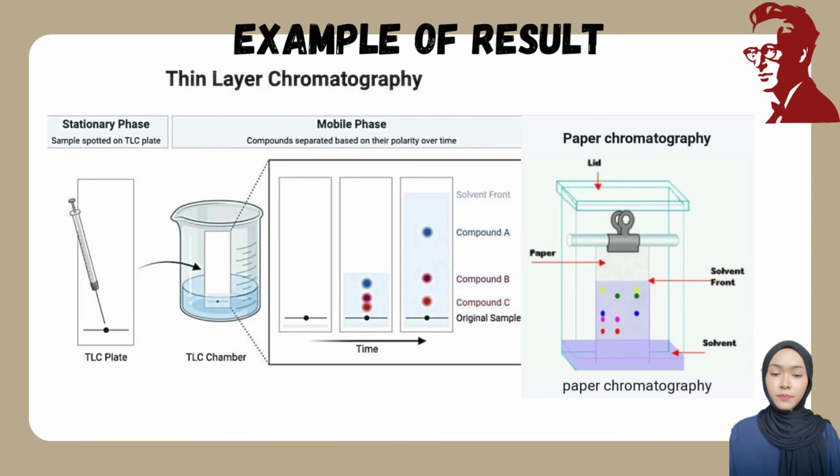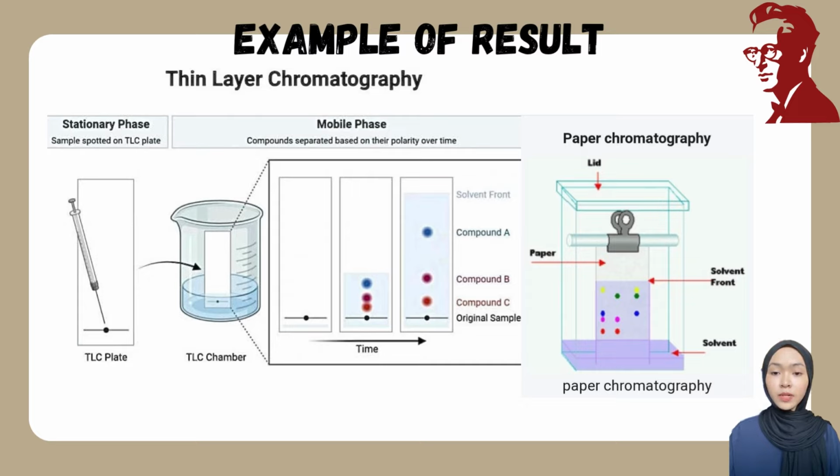To begin, based on the diagram in the slide, you can see the basic setup of thin layer chromatography. At the bottom, the developing chamber contains the solvent, also called the mobile phase. A TLC plate is placed upright inside the chamber. It's coated with silica gel, which acts as the stationary phase. Near the bottom of the plate, there's a sample spot applied carefully using a capillary tube.